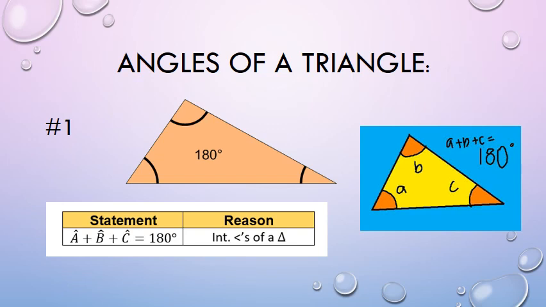So if you had to write up the statement, you can say A plus B plus C is equal to 180 degrees, and your reason there is interior angles of a triangle. Okay, so please remember that with any triangle, doesn't matter what triangle you have, all three angles inside always add up to 180 degrees. And the reason we use for that is interior angles of a triangle.